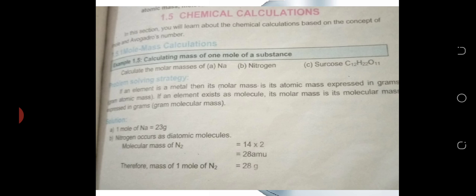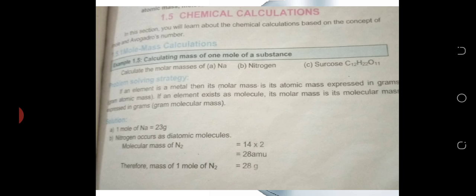In this section, you will learn about chemical calculations based on the concept of Avogadro number and mole. How we can convert the given mass into moles and how we can convert moles into mass. There is an interconversion of mole into mass.